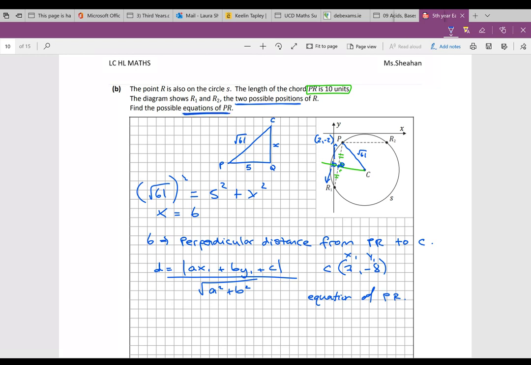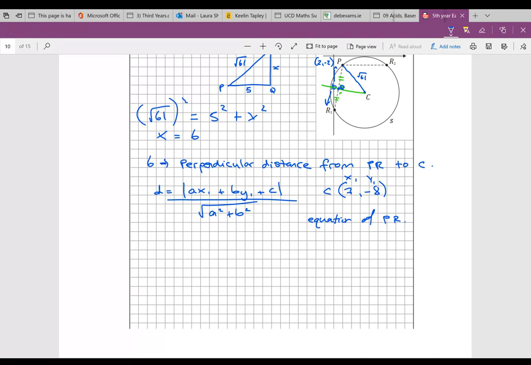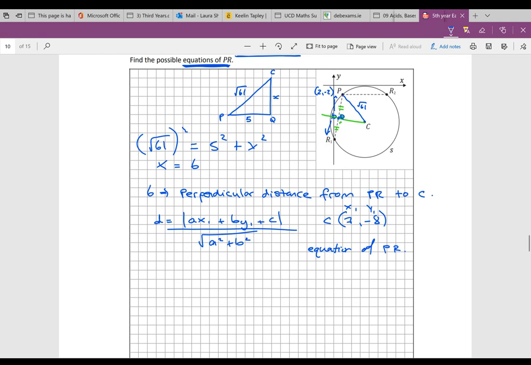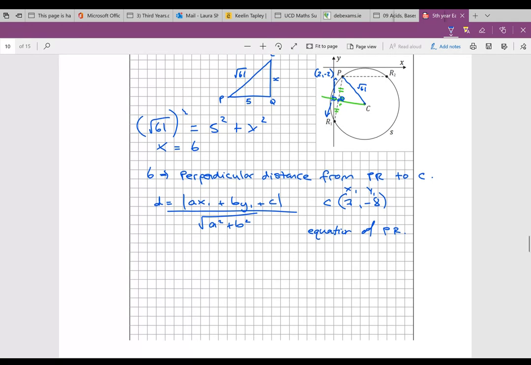So I'm not actually looking for the coordinates of R at all. I'm looking for the equations, and to do that I would need the slope. For starters, the equations of PR both have the point P on them, but PR1 and PR2 would have different slopes.